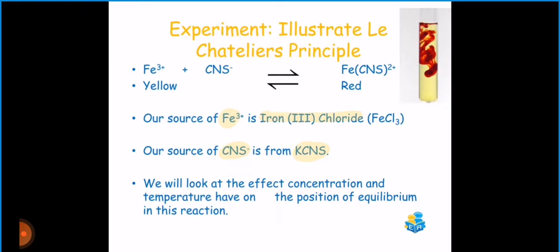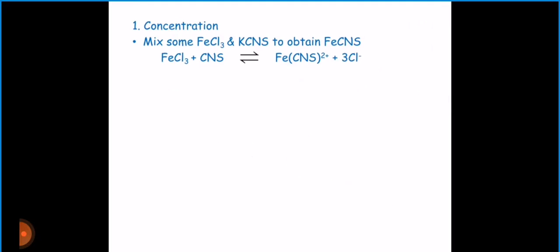In this experiment we're going to look at the effect that concentration and temperature have on the position of the equilibrium in this reaction. The first thing that we'll do is look at concentration. You mix about 5 centimetres cubed of your iron 3 chloride and a few drops of your potassium thiocyanate, and you get your ferrothiocyanate ion at the end with some chloride ions.